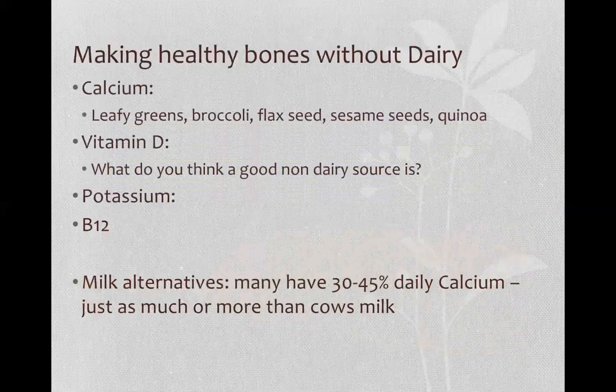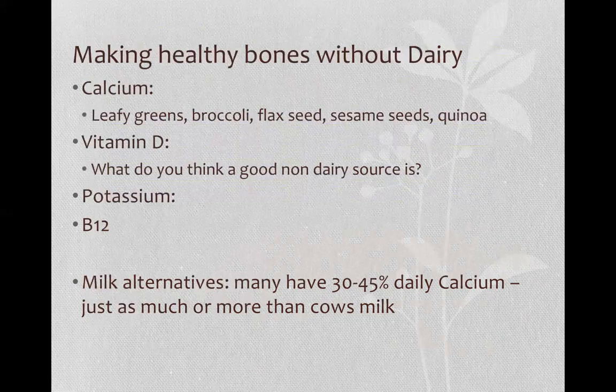One of the first questions in the beginning of the lecture was, can you get calcium from sources other than dairy? And the answer is absolutely. There are many non-dairy sources of calcium, and I have them listed here. Vitamin D. What do you think a good source of vitamin D is? Remember, mushrooms, orange juice, fortified cereals.